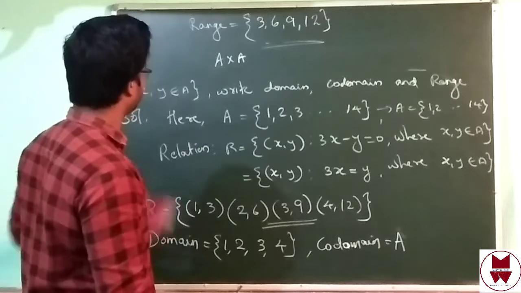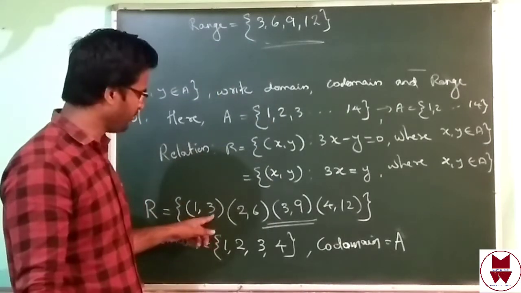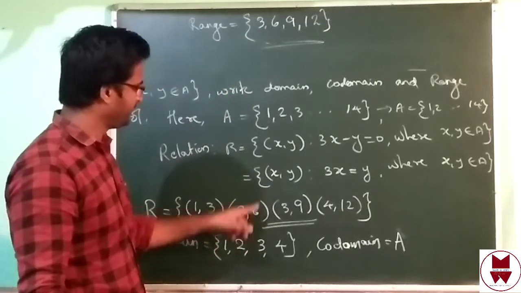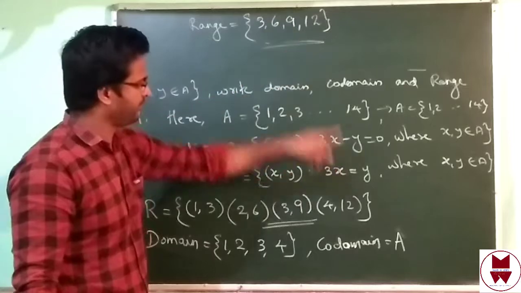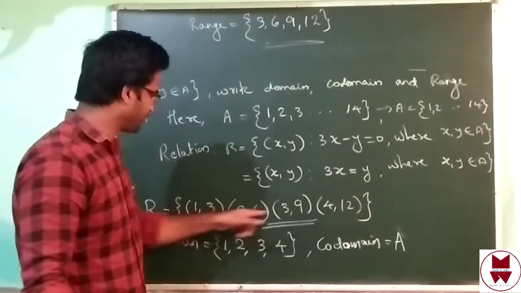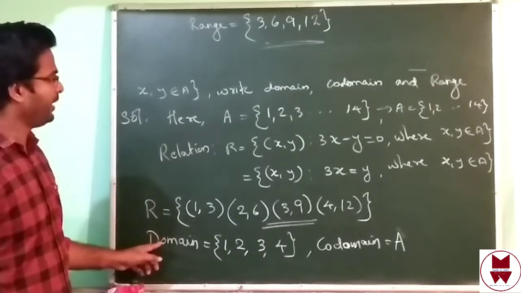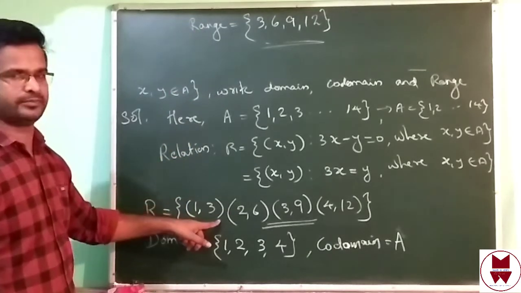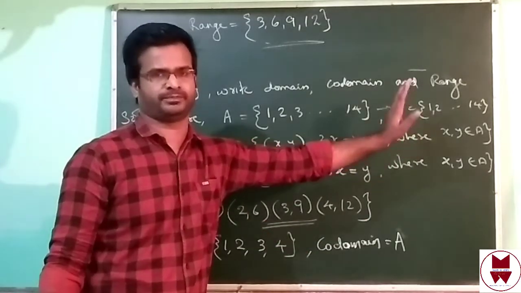But range we find from here: the second element of the first pair is 3, then the second pair 6, 9, 12 only. Domain and range we find from here, and codomain we find from the second set.